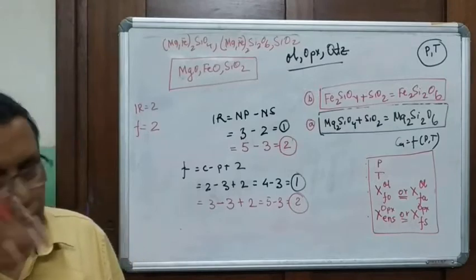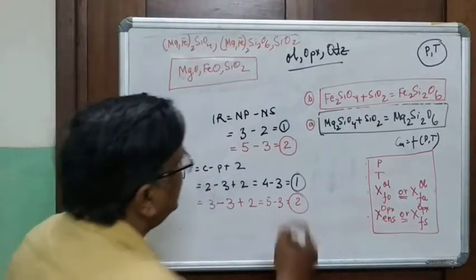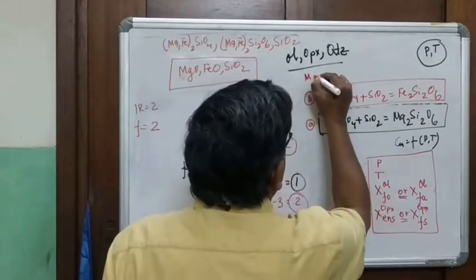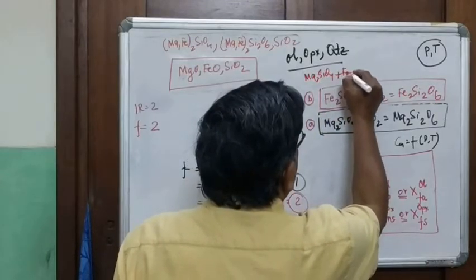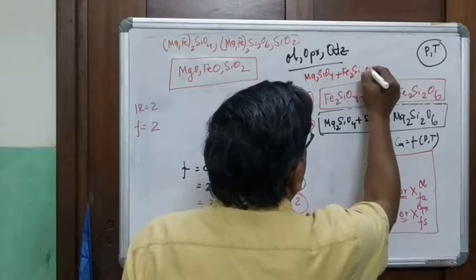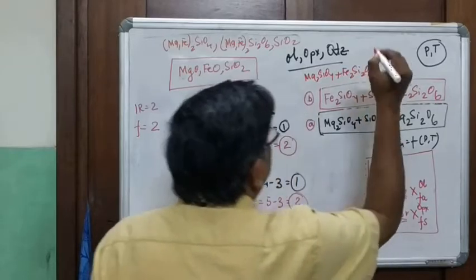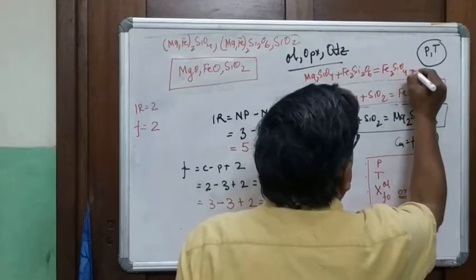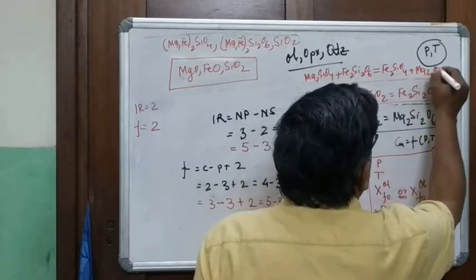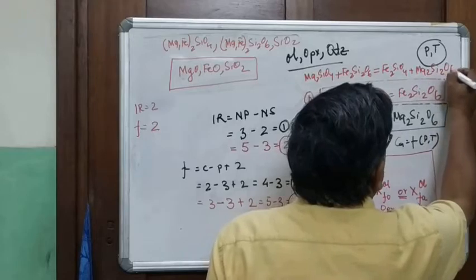Then what will be the reaction? You see here, Mg2SiO4 plus Fe2Si2O6 is equal to Fe2SiO4 plus Mg2Si2O6.